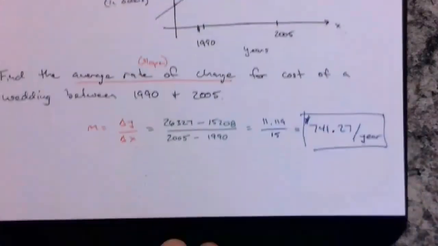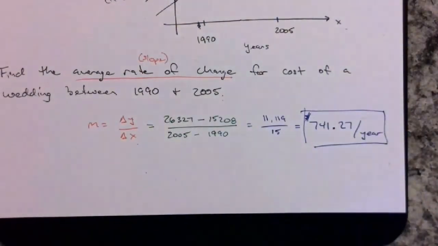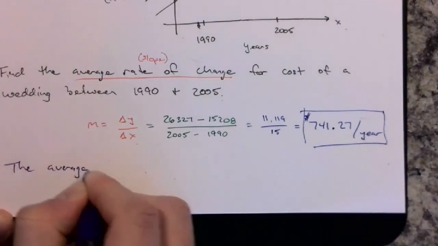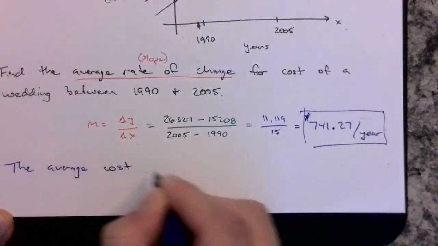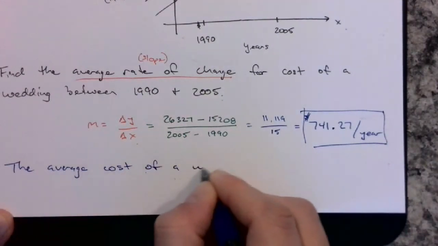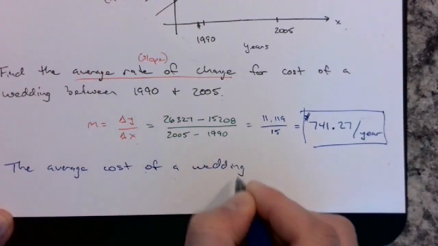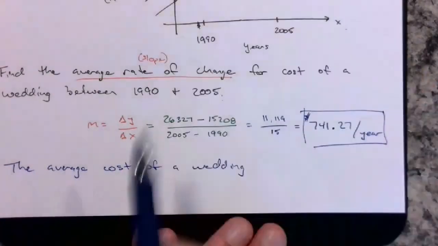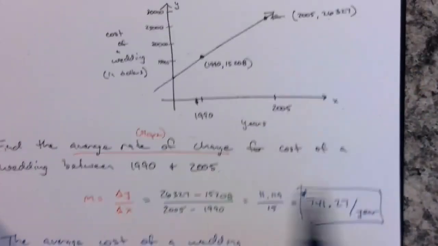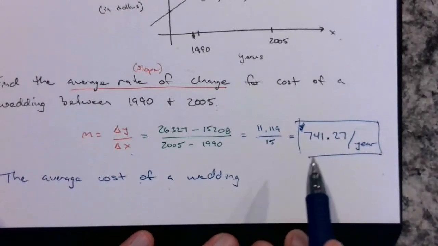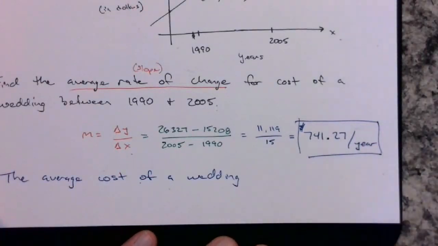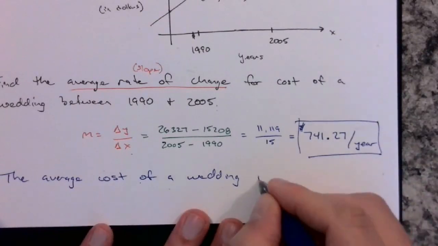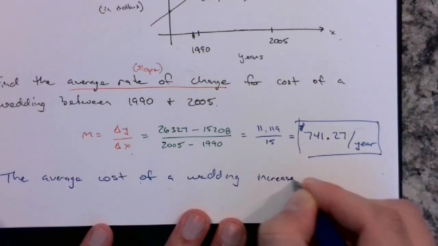Now you should write a sentence kind of to make sure that you understand this, right? So this tells us the average cost of a wedding. Now, because this is positive, it's telling you it's going up. You can see it from the picture, but in case you didn't have the picture, the slope being positive tells you it's increasing. If the slope was negative, it tells you it's decreasing. So the average cost of a wedding increased. You want to say that word.